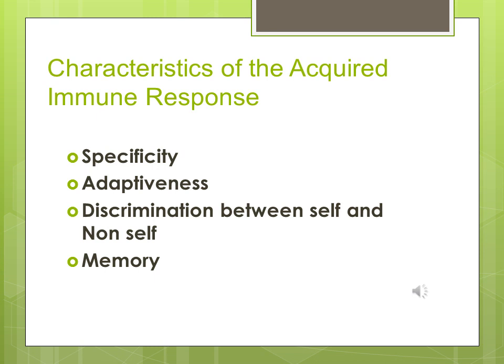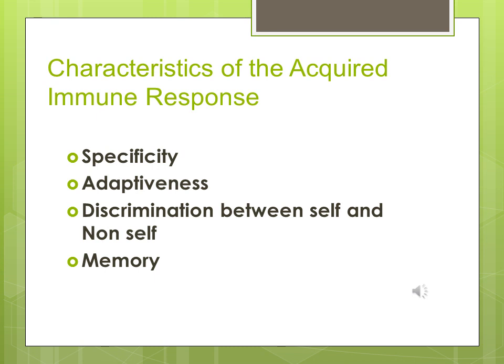Now I would like to discuss about the characteristic features of acquired immune response. Acquired immune response comprises of four major characteristic features. They are namely specificity, adaptiveness, capacity of making discrimination between the self and non-self molecule, and lastly the capacity of memorization.